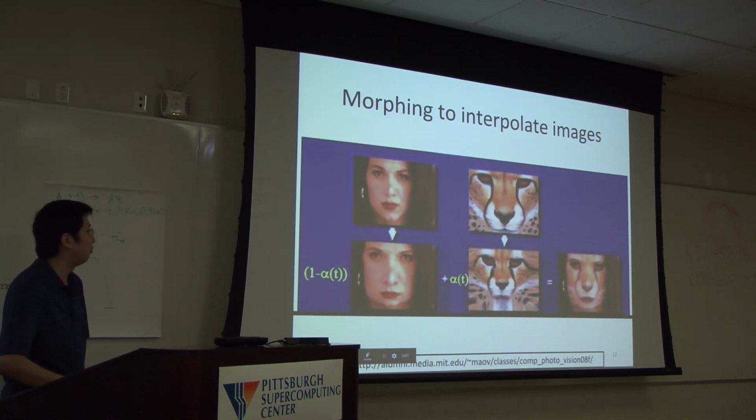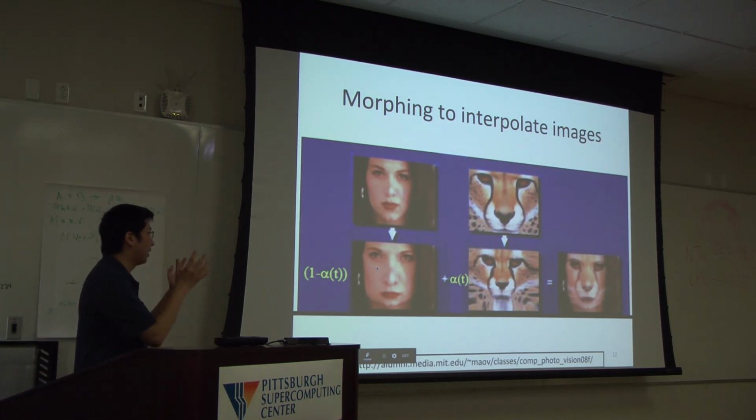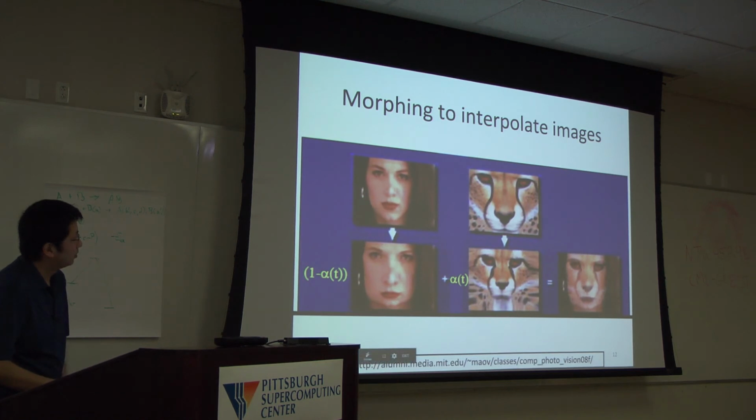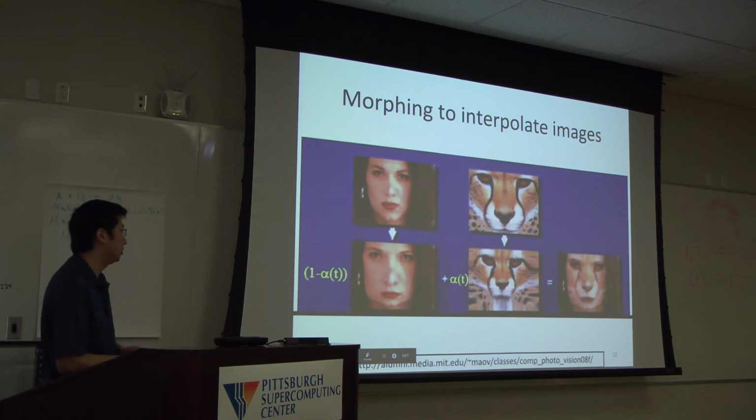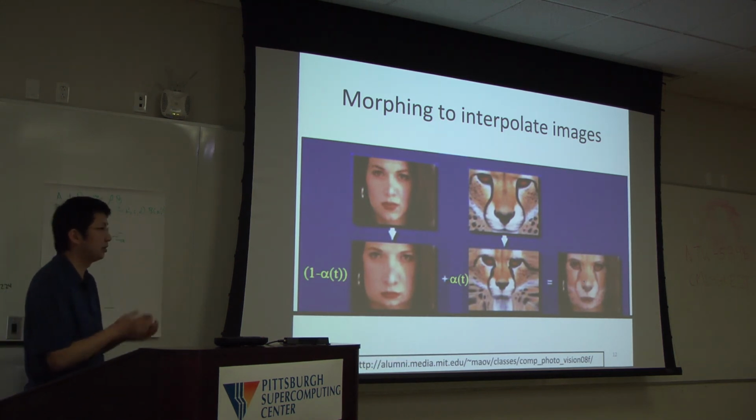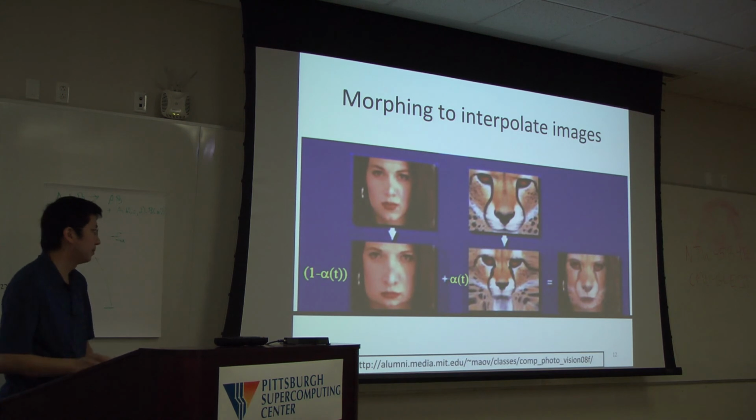So it will stretch the face of the lady to make it larger, and also compress the face of the cheetah to make it smaller, and also move the eye, nose, and mouth to specific locations, so that after the transformation, they can match very well. It's much better than just linear interpolation as we saw before.